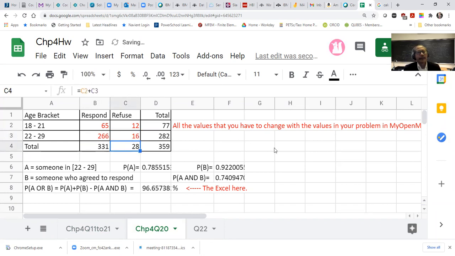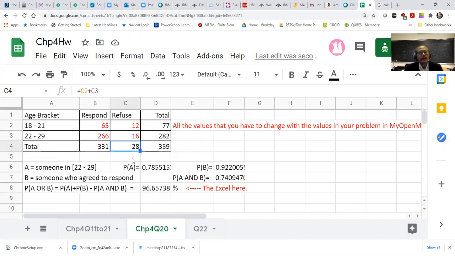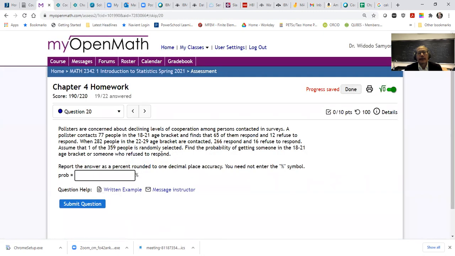So now we are looking for the probability of someone in this age bracket or someone who refused to respond, right? Someone in this, oh sorry, yeah, in this age bracket.